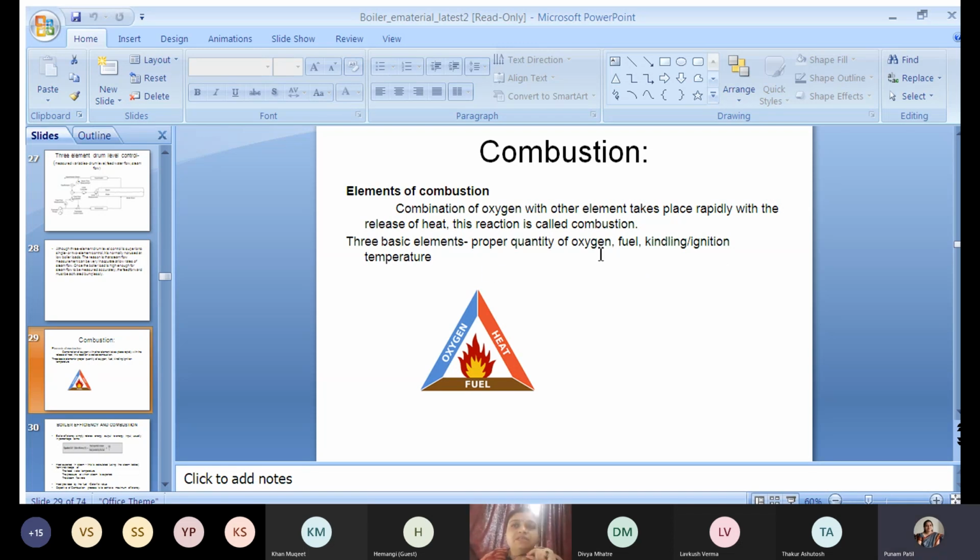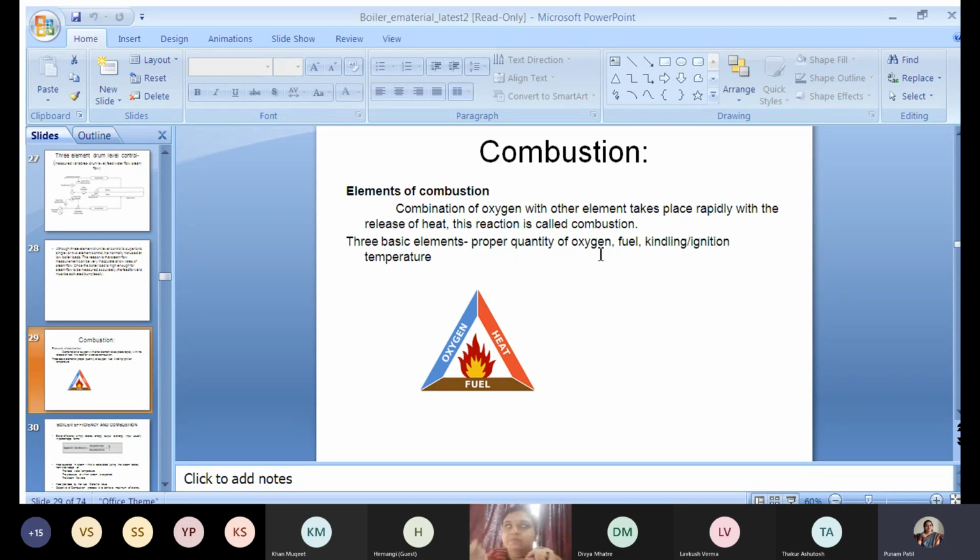Here we are saying proper quantity of oxygen. Why? Because if the oxygen is less, even if the fuel is available and ignition temperature is there, you will not be able to ignite the fuel. So oxygen is a must, sufficient quantity is required.